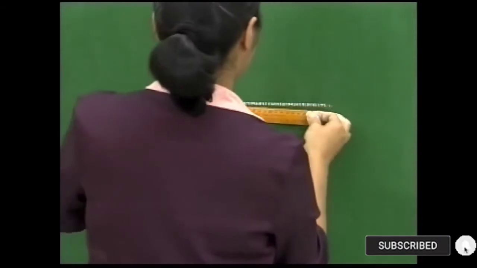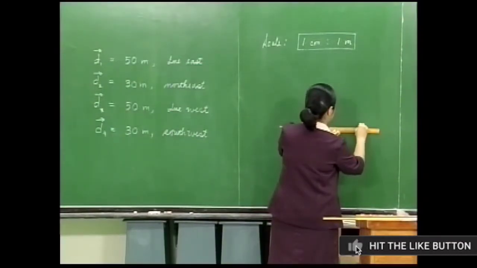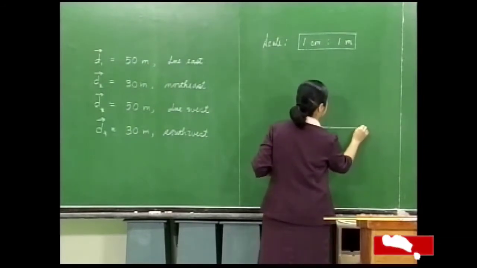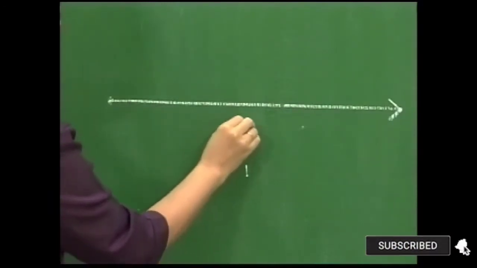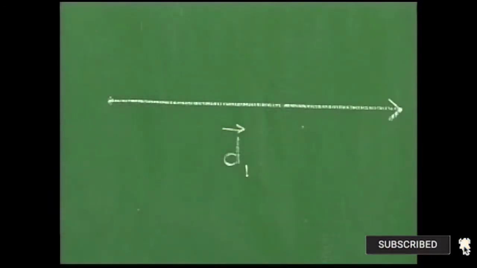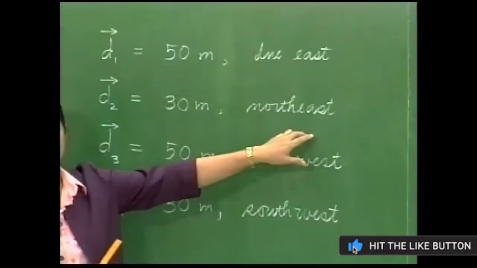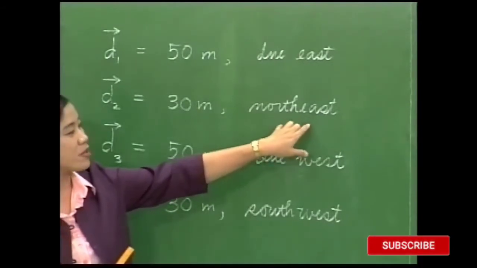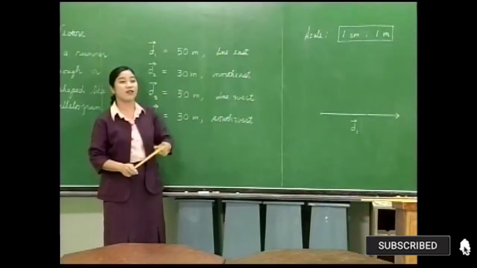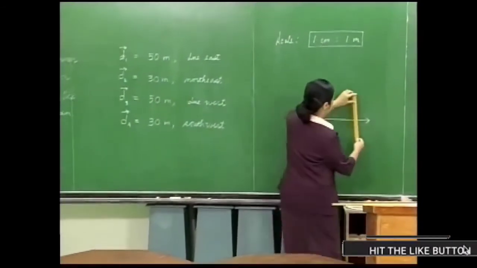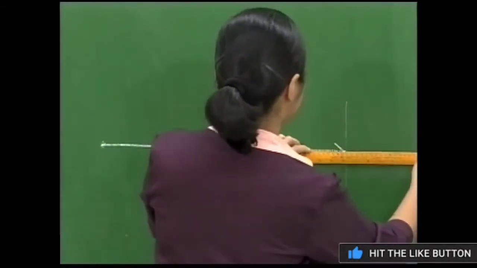This is 30, so I have to add 20 to this point. So this is D1. And now the next displacement is 30 meters northeast. Do you remember what I mean by northeast? Whenever we have just northeast, that means it is at an angle of 45 degrees from the horizontal. So let me just make sure I have my angles correctly here.